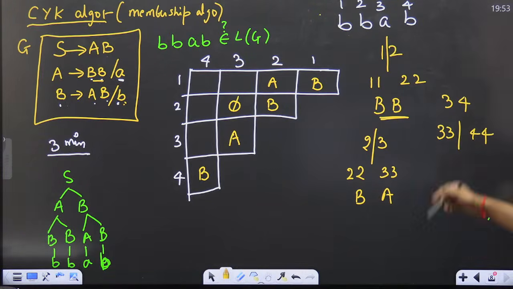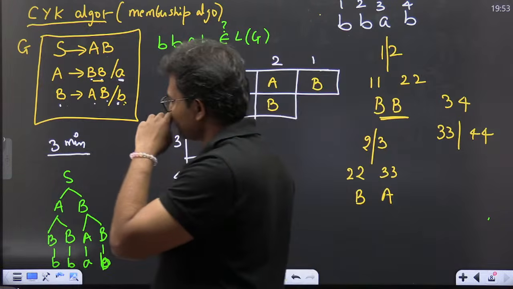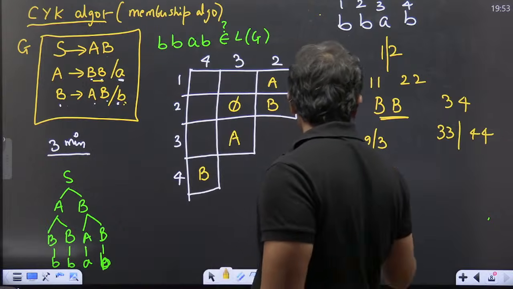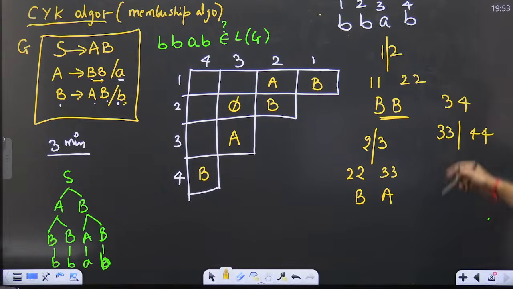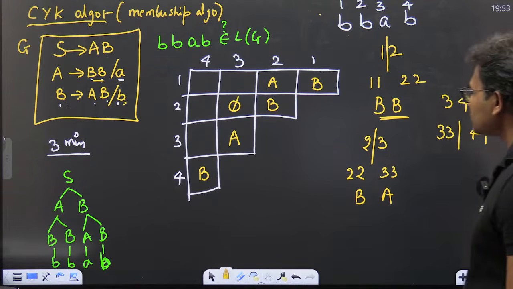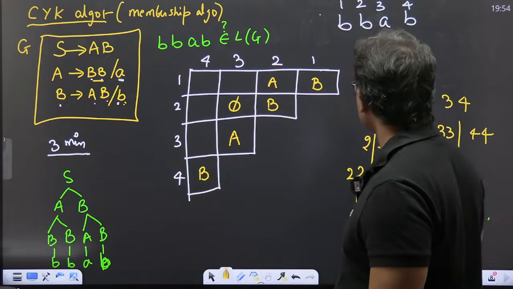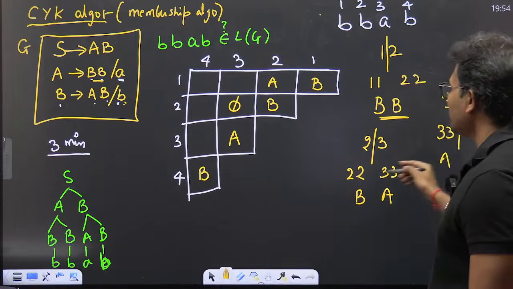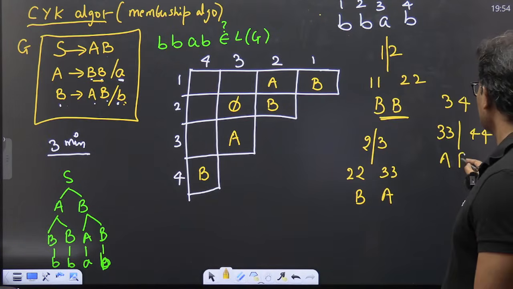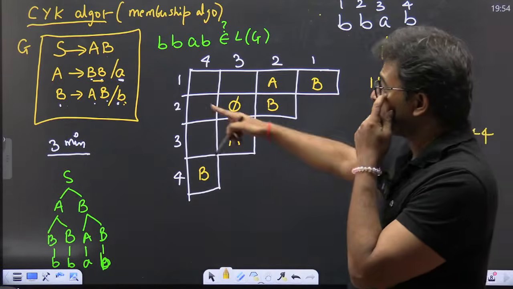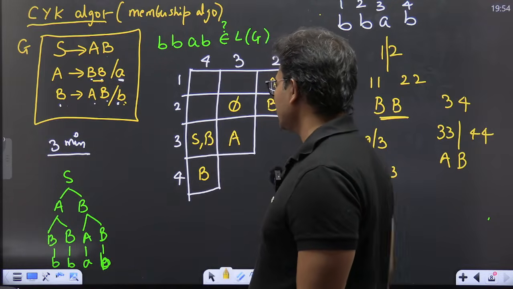Now, what is 3 3? 3 3 is nothing but A. And what is 4 4? 4 4 is nothing but B. So we have got AB. Now AB is present, right? S and B, AB is present.